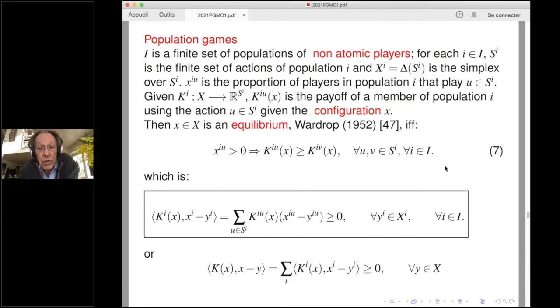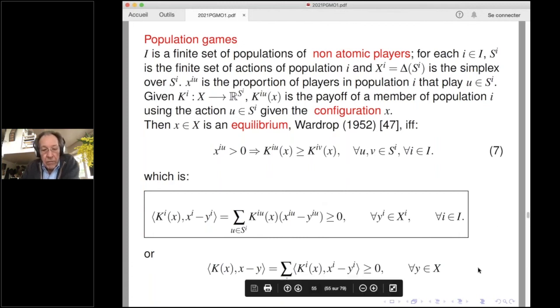This is true for every choice in the population i and for every population. So K is the payoff, and you have this way of writing the previous inequality, because on the support you have equality. So this is the way of writing the equilibrium in this framework.